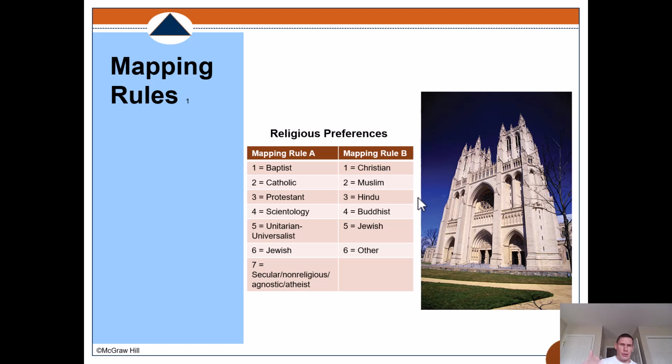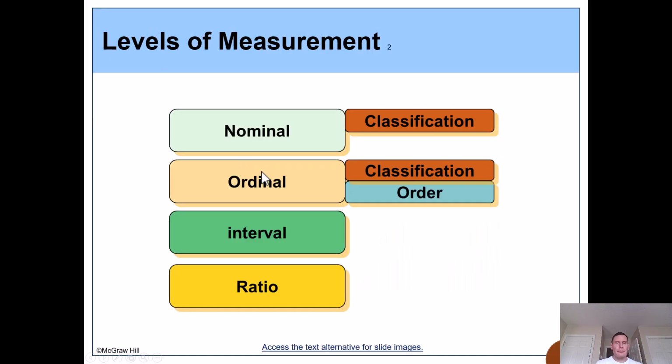So the point they're trying to make here is that you may have two different systems that, number one doesn't mean the same thing in both systems, right? Here we see that mapping rule A, number one is Baptist, mapping rule B, number one, of course, is Christian.